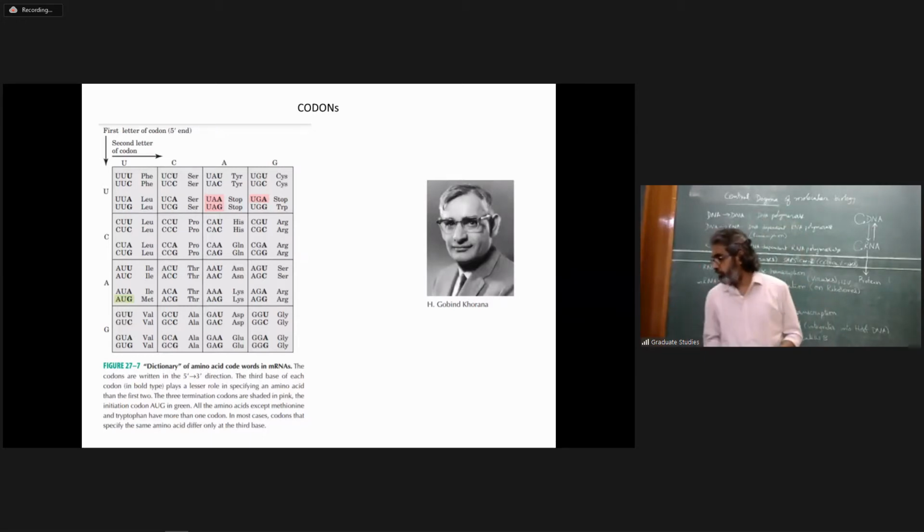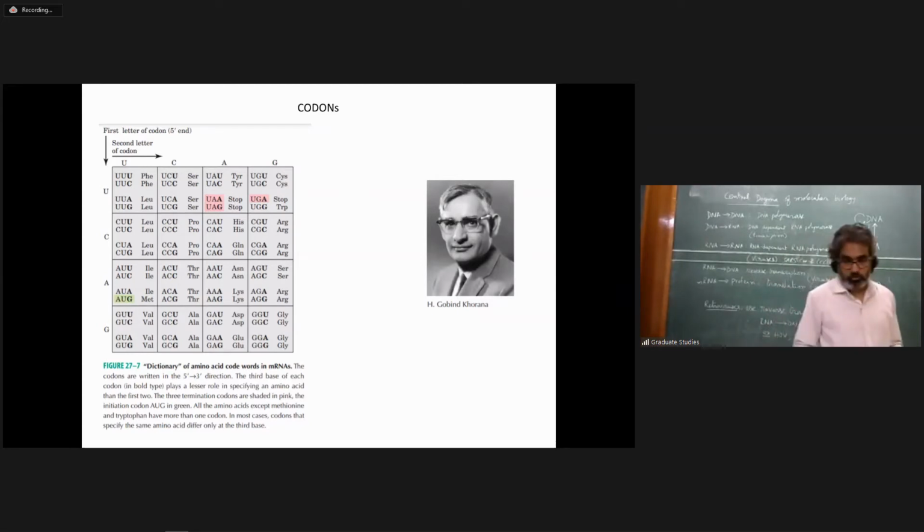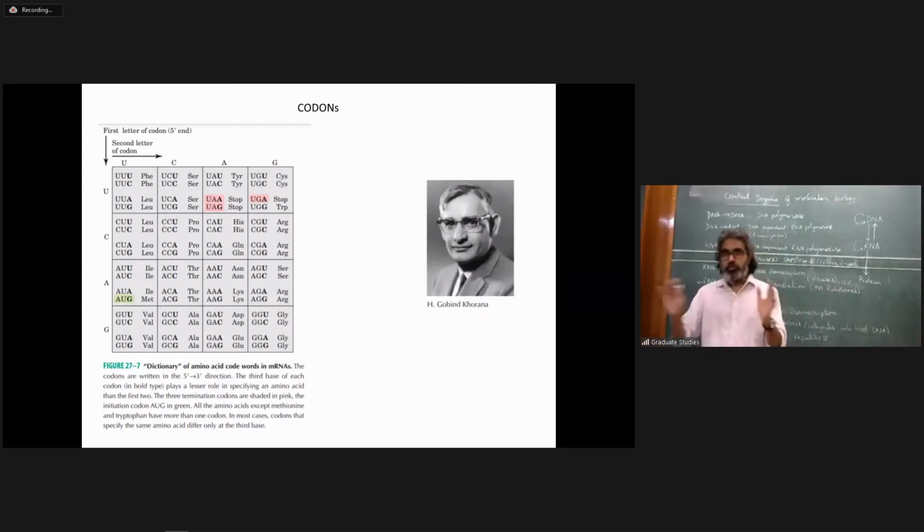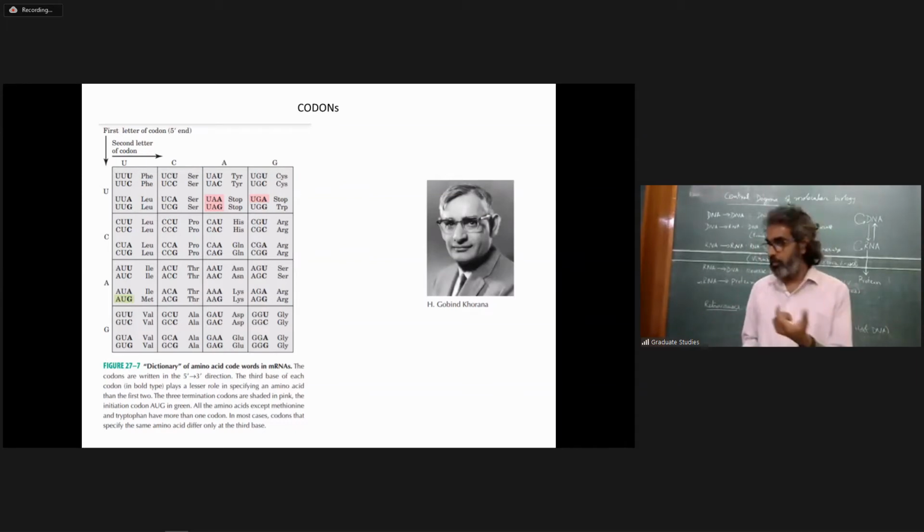Then came the efforts of Khorana, who got the Nobel Prize. Some of his efforts were to make just polynucleotides: poly A, poly C, poly U, poly G, or sometimes doublets like AC, AC, AC.